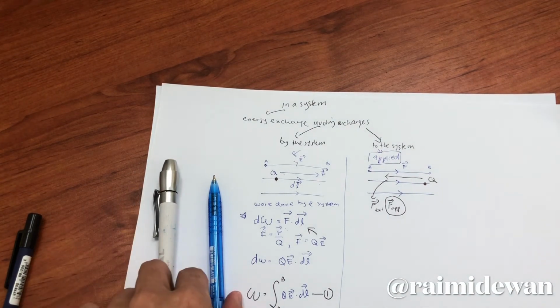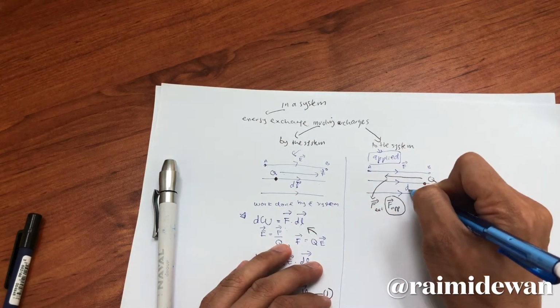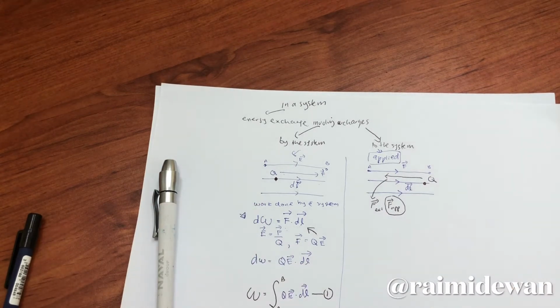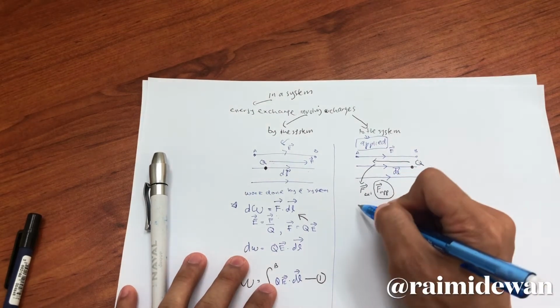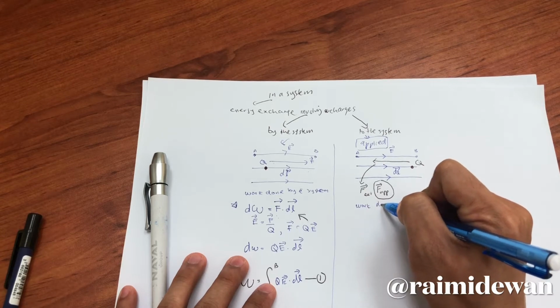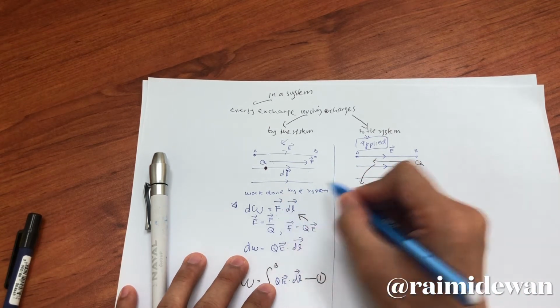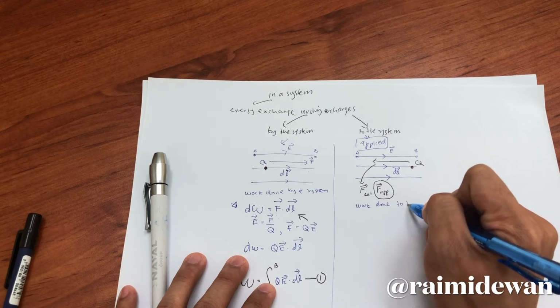Because we apply an external factor, our force here will be external. You can use F external, or you can also use F applied, meaning applied force. I choose this one. When it starts moving, it will also have its own differential displacement. Similarly, we want to obtain the work done, but in contrast, instead of work done by the system, this is work done to the system.